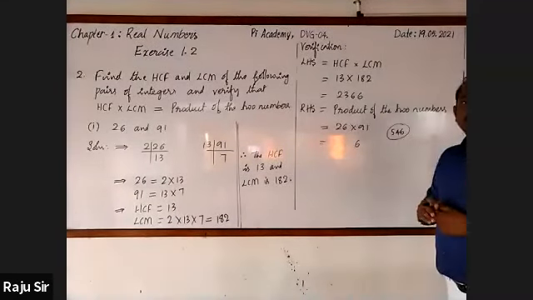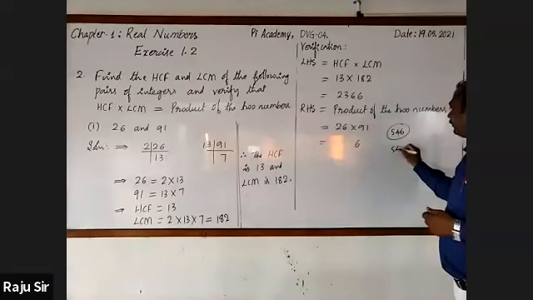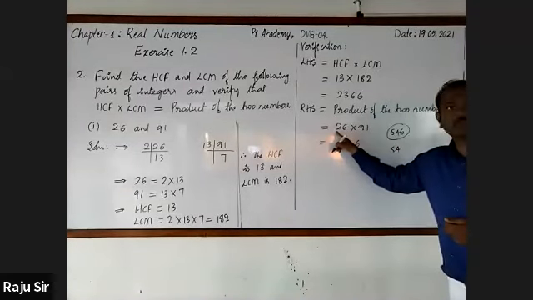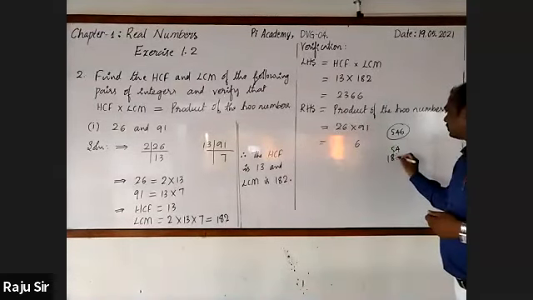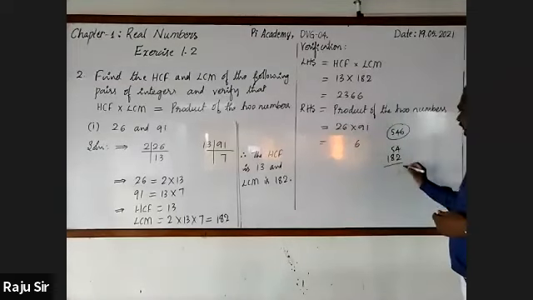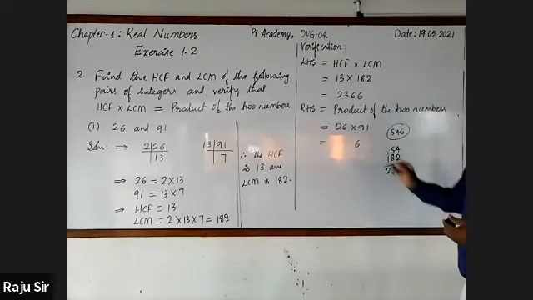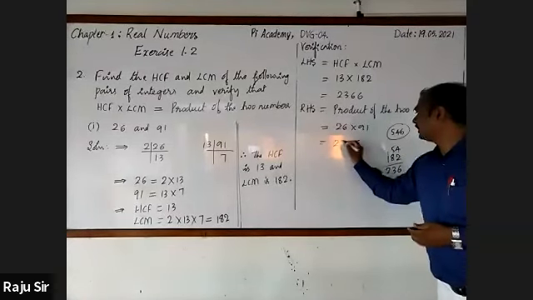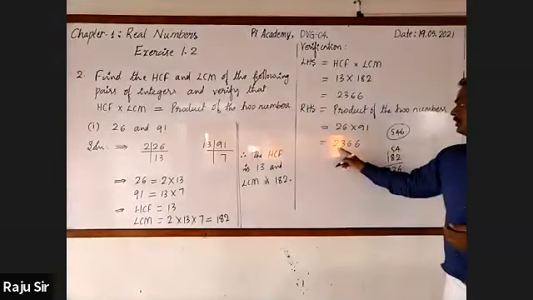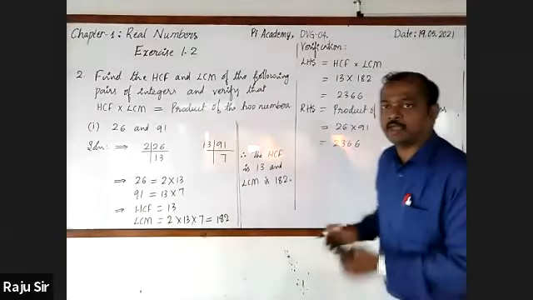So you can write 6. Then 54 is the carry. 91 twos are 182, plus 54. Now we got 2366. Observe, both LHS and RHS have the same value.